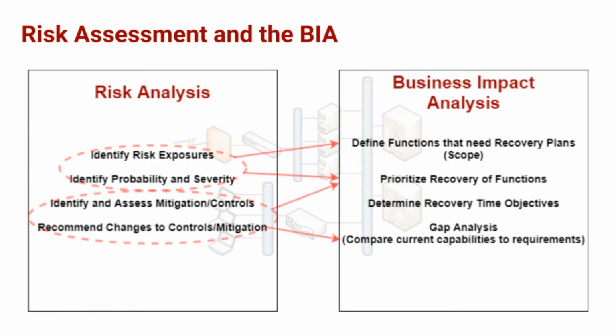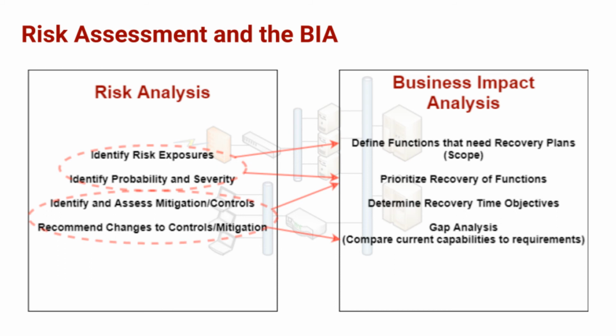Understanding your controls and risk mitigation strategies also plays into that prioritization process and strongly influences the gap analysis that's going to occur at the business impact analysis level, especially considering that the more current popular disaster recovery strategies center more around resilience and avoiding disasters rather than recovering from them.